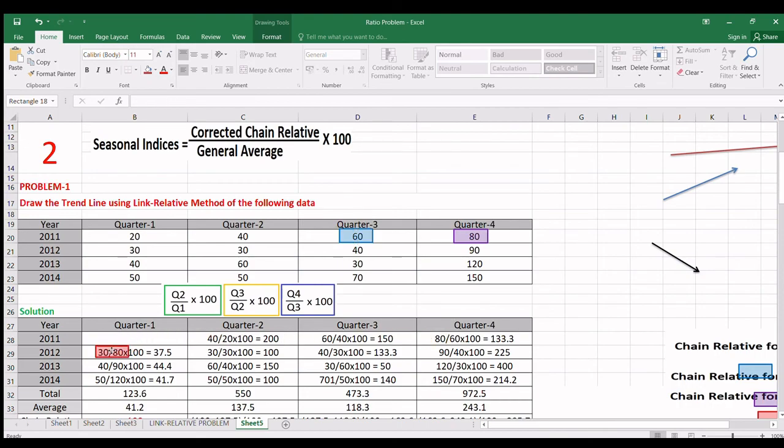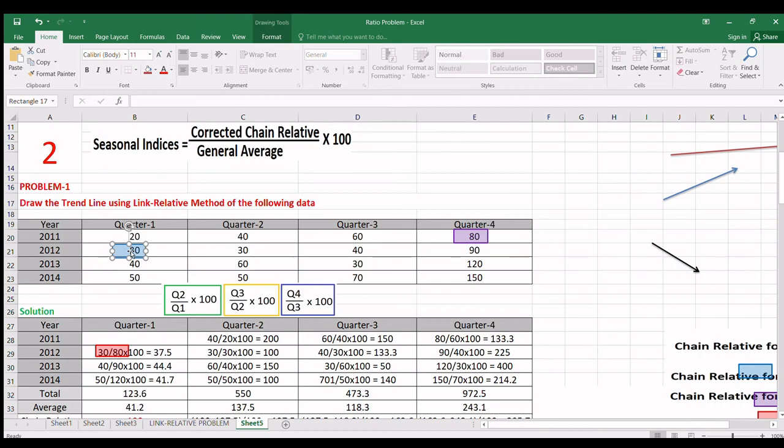So coming to the next quarter, I have quarter 1 of 2012. For this quarter 1 of 2012, the previous quarter value is 80 and the current quarter value is 30.